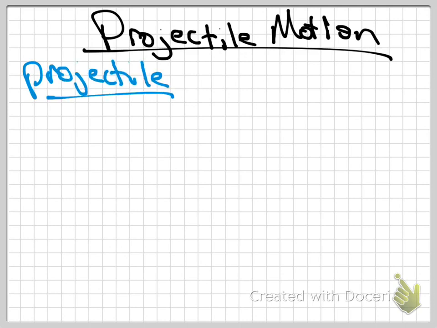From your notes, you should have seen that a projectile is any object moving through the air that's only affected by gravity. Any sports object, lacrosse ball, baseball, soccer ball, football, a bullet.